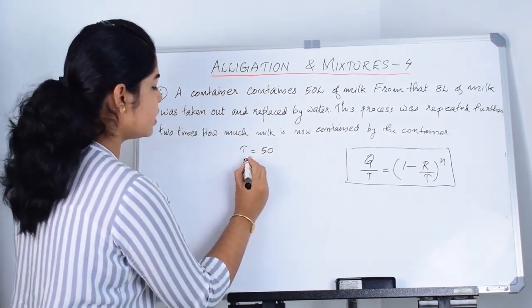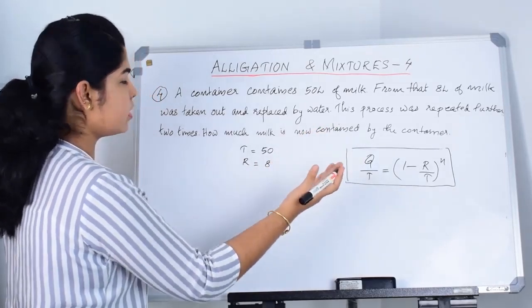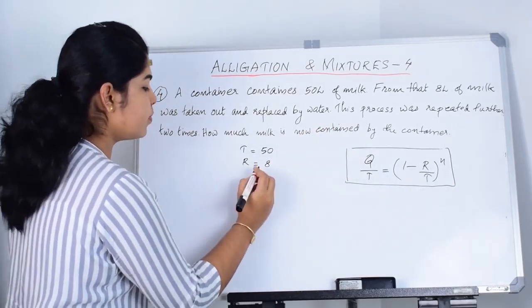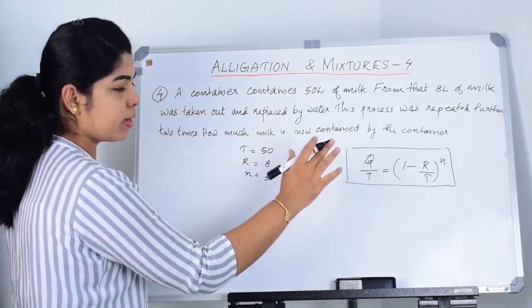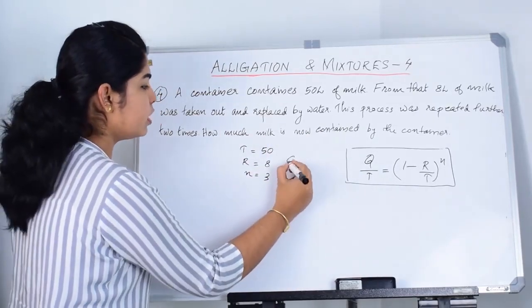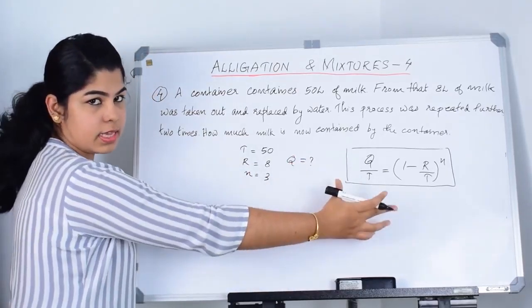Then it is given 8 liter of milk is taken out and replaced by water. So the replacing quantity R is equal to 8 liter. Then this process was repeated further 2 times. So the total number of processes is 3. Then how much milk is now contained by the container? So here we need to find Q. So we can solve this question with the same formula.